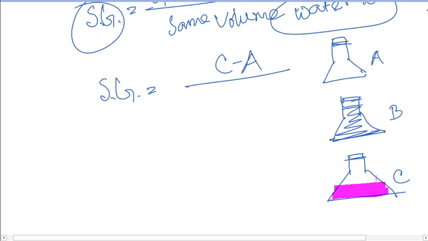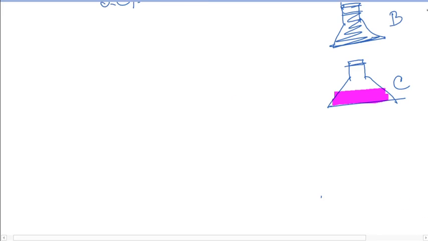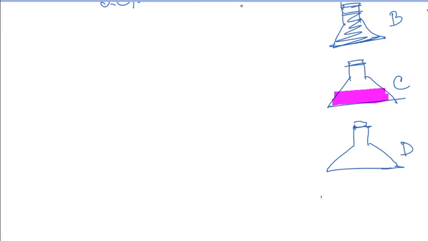And what is D? D is the same thing, with the stopper, additionally filled up. If this 1/3 is filled with bitumen, then the remaining portion will be filled with water.